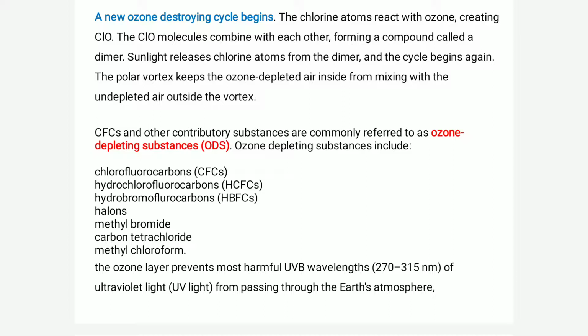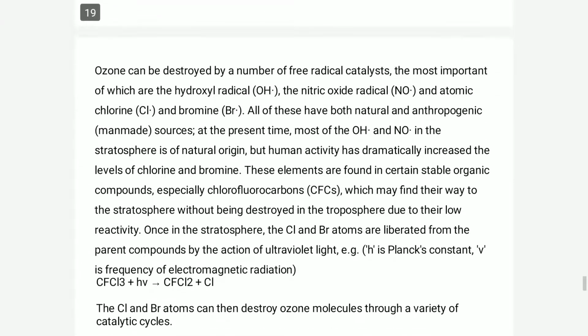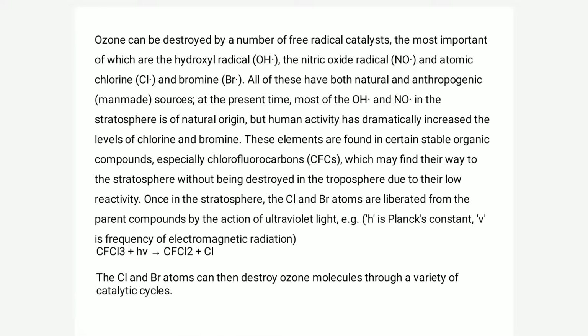The ozone layer prevents most of the harmful UVB wavelength, that is 270 to 315 nanometer, of ultraviolet light from passing through the Earth's atmosphere. Ozone can be destroyed by a number of free radical catalysts, the most important of which are the hydroxyl radical, the nitric oxide radical, and atomic chlorine and bromine.